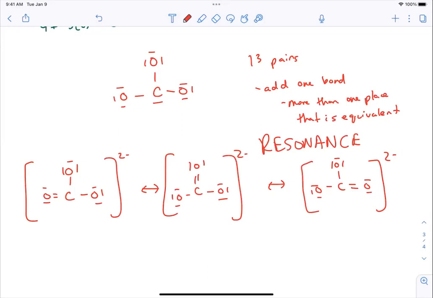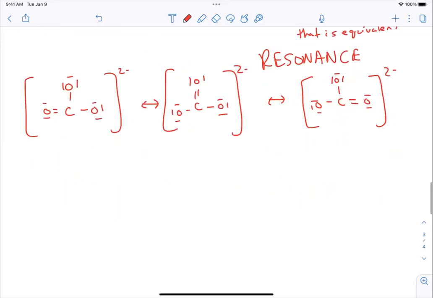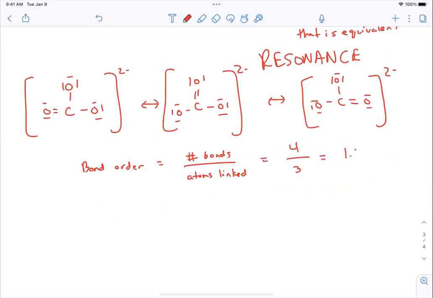Yes. The equivalent bonds here would be 1.33. So bond order, we'll kind of mention it here, is essentially the number of bonds divided by the atoms linked. So in this case, it's 4 bonds over 3 oxygens linked. So each bond is the equivalent of 1.33.